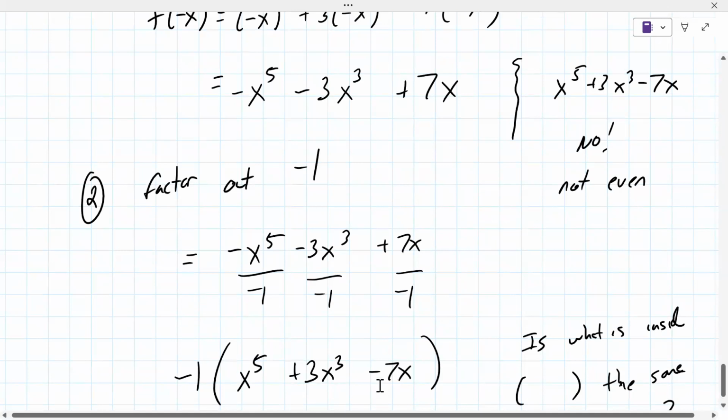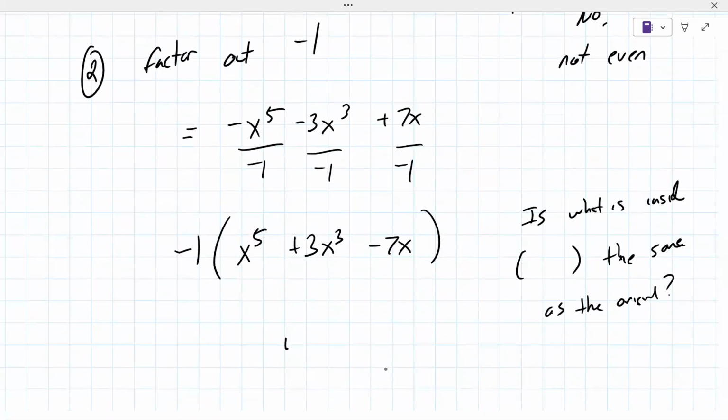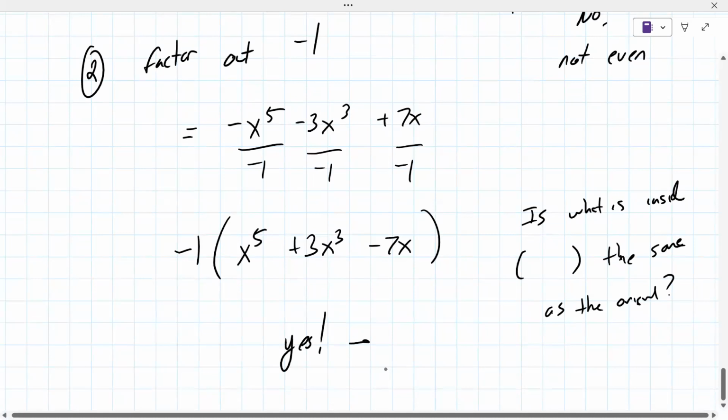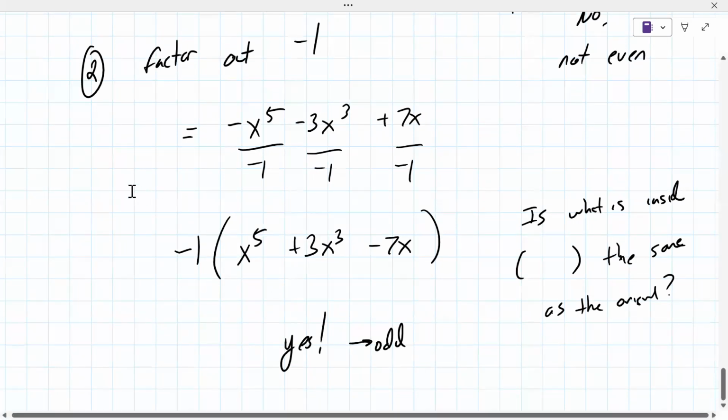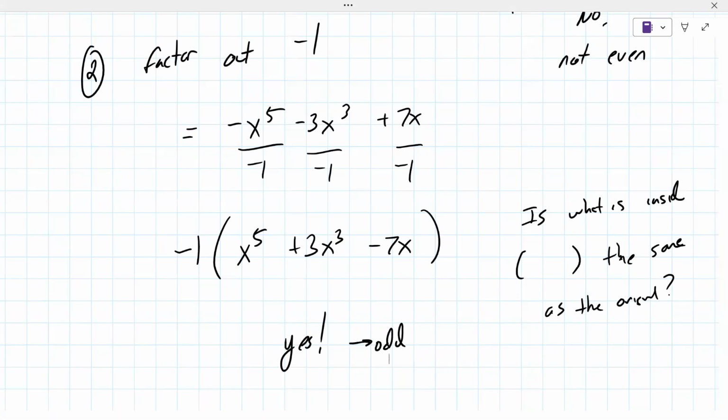Is it the same? Yes. So if you get a yes, that means it's odd. But you could also do it the way where it said use technology and use the graph.